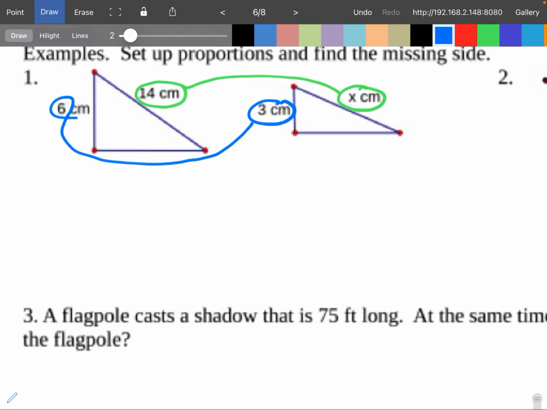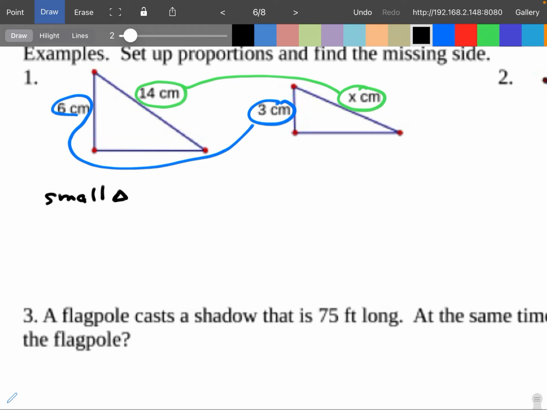And then what does 3 in the little one correspond with in the big one? The 6, yeah. All right, so then all you got to decide when you set up your proportions is do you want to do big over little or little over big? Little over big. All right, you want to go little over big.